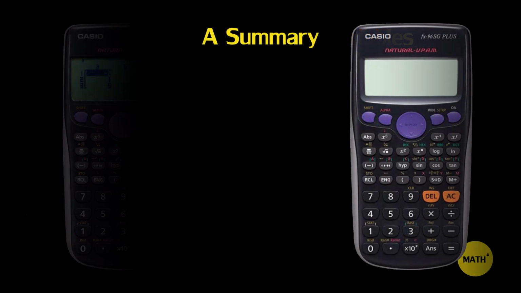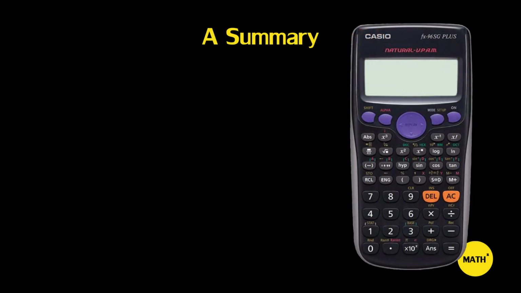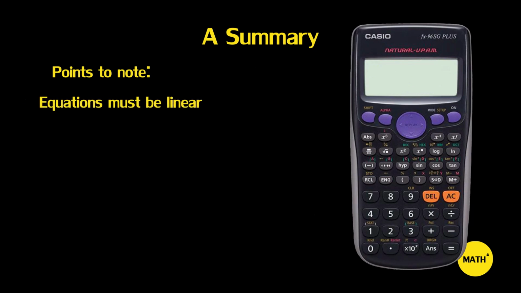In summary, we have learned how to solve simultaneous equations involving 2 and 3 variables using a scientific calculator. A few points to take note of: firstly, make sure the equations are linear, meaning x and y have a power of 1.